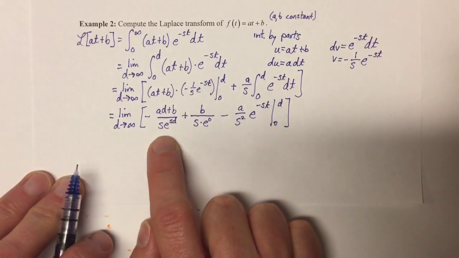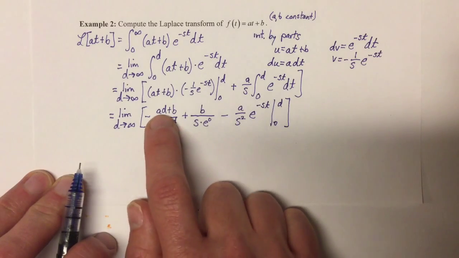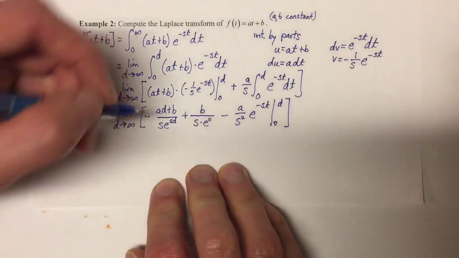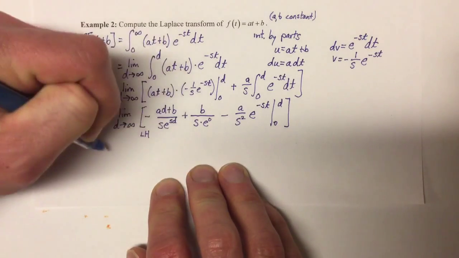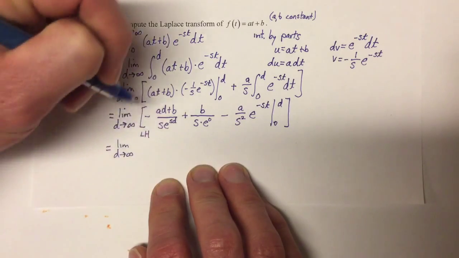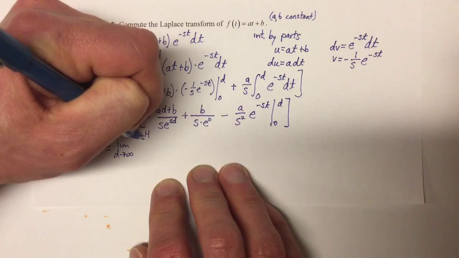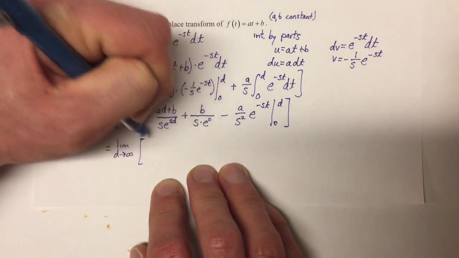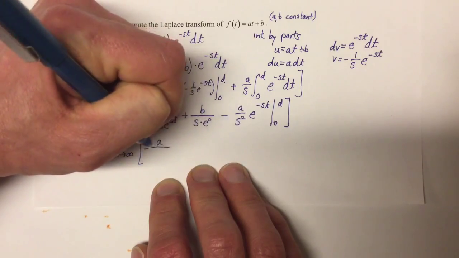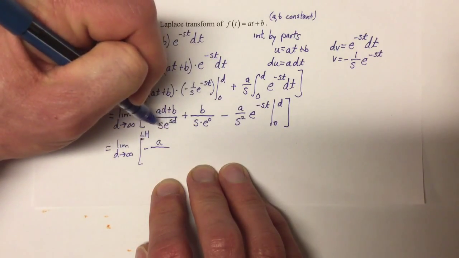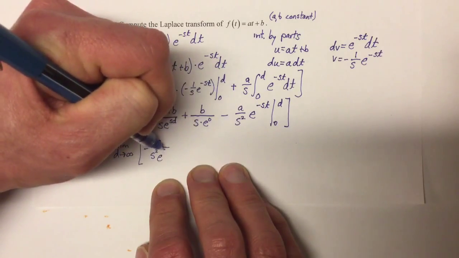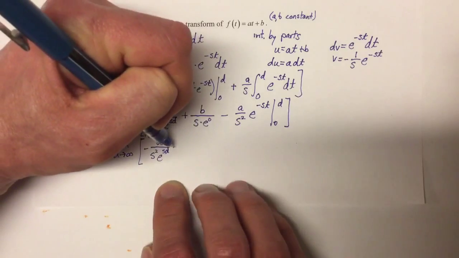Now let's start looking at this limit here. Notice that both the top and the bottom are going to infinity, and so we're going to use L'Hopital's rule here. Take the derivative of the top and the derivative of the bottom, and we will have derivative of the top is simply a, derivative of the bottom will be s times derivative of that, which can be an s squared, e to the sd.